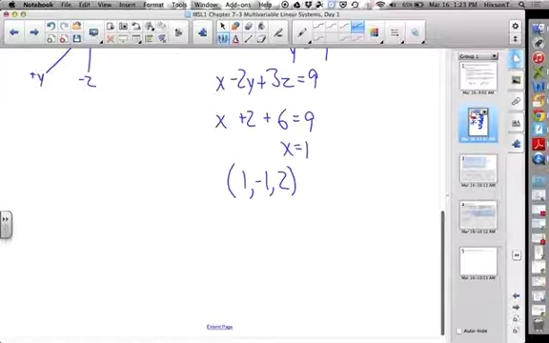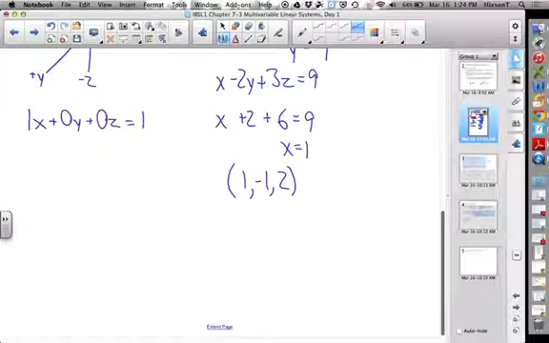If I were to write this, however, as a system of equations, x equals 1, I could write as 1x plus no y's plus no z's would equal 1. Do you agree that's the same thing as saying x equals 1?